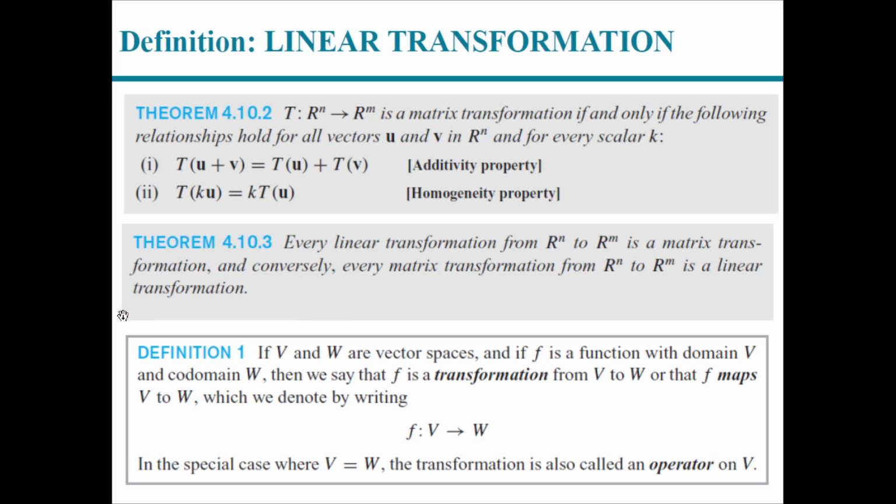So for us, it's going to be the same. Whenever we deal with vectors, linear transformation or matrix transformation, that's the same thing. And we said when the domain and codomain are the same space, then we call it operator, but that's just vocabulary, no need to suffer with that. When we work with Rn and Rm, we can call it also matrix transformation, not only linear transformation. Both are the same, so it's just vocabulary actually.